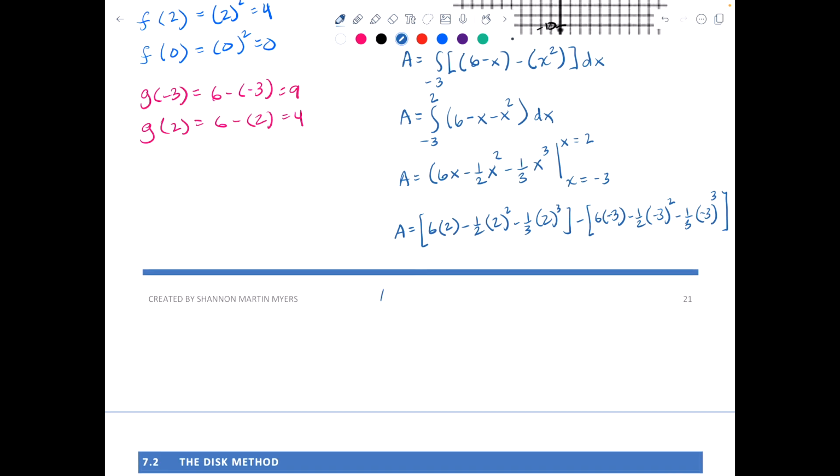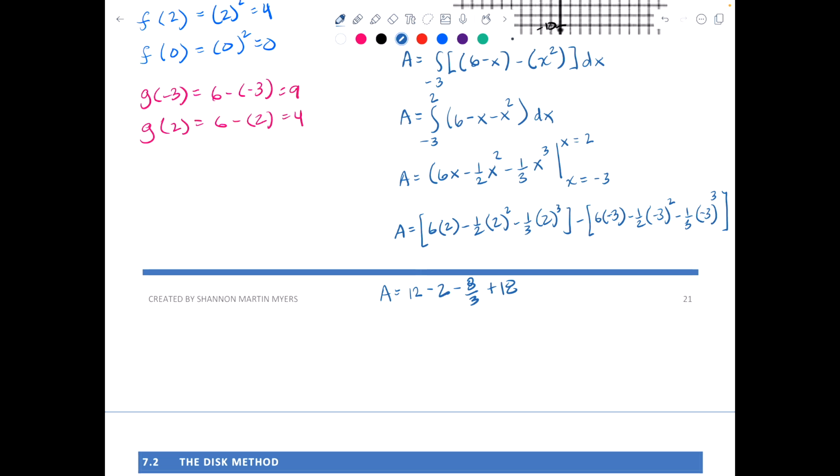Continuing, that will give us 12 minus, let's see, 4 over 2 is 2, minus 8/3, minus a minus 18 is plus 18, and then -3 squared is 9.